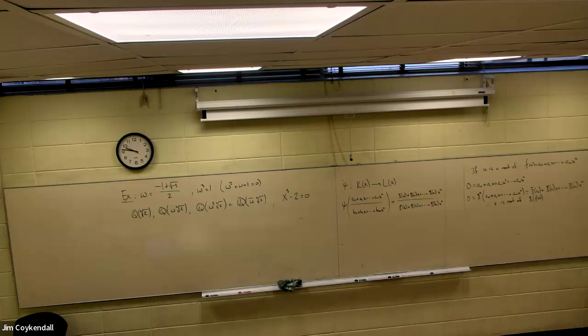There is a function that you may have encountered in other classes that gives you an isomorphism from Q(omega cube root of 2) into Q(omega squared cube root of 2). Anybody know what it is? Yes.